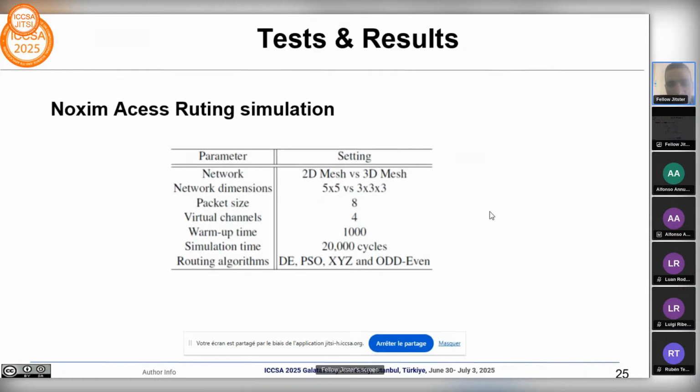The packet size is 8, the virtual channels 4, warm up 1000, simulation time 2000 cycles, and we compare our results with particle swarm optimization routing and two other static routings, XYZ and odd even.